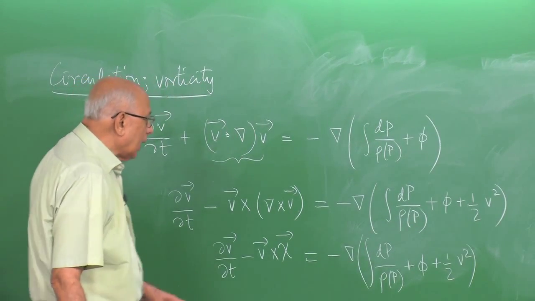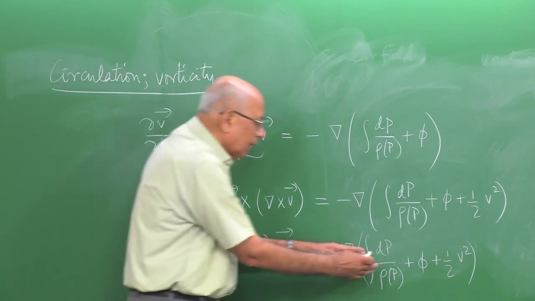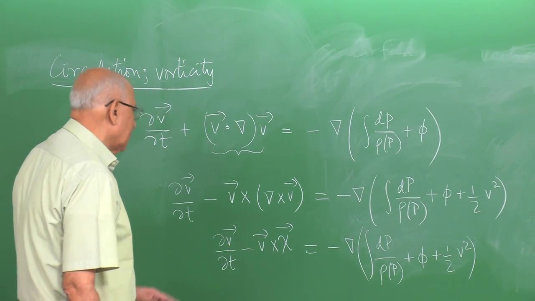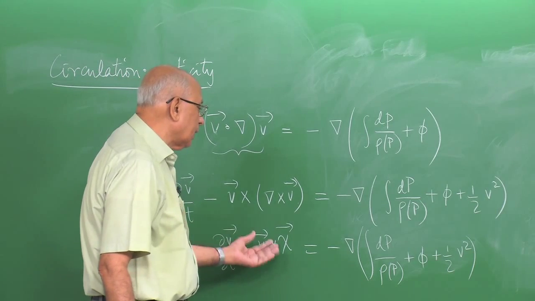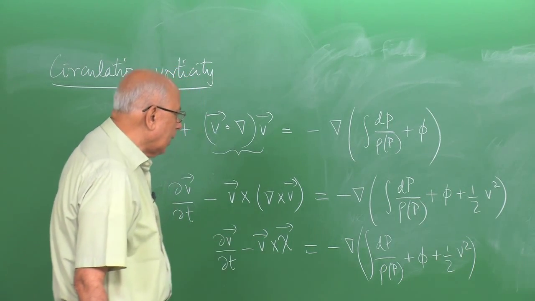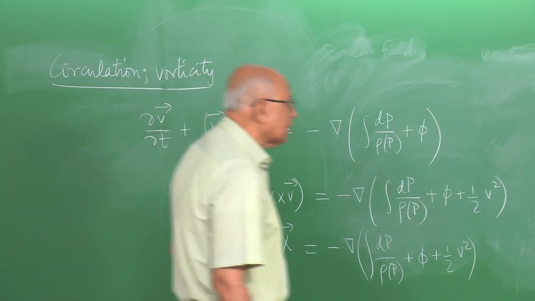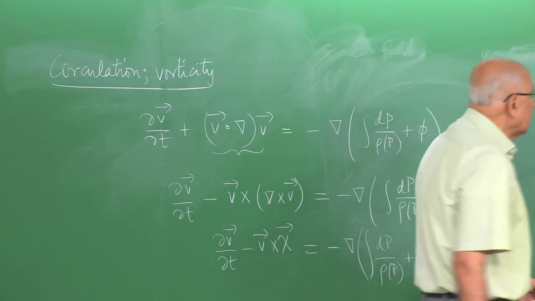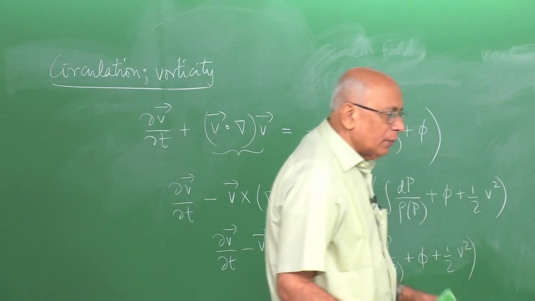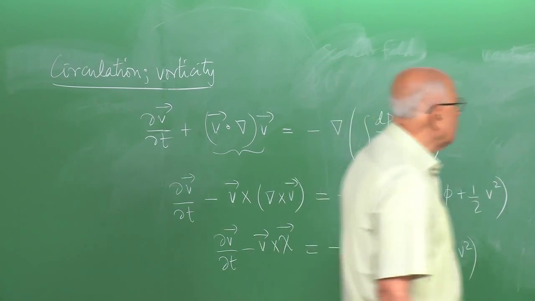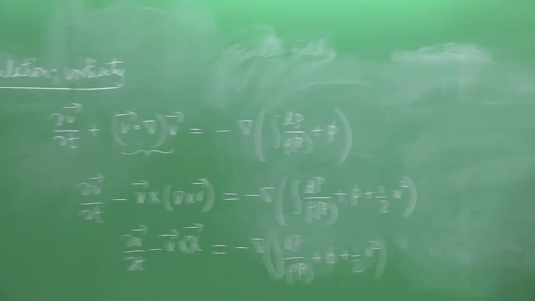Now before I say what happens to this quantity in general when you have fluid flow which has got vorticity of this kind, let me also point out another remarkable statement, which is the following. We need to geometrically interpret this vorticity here, and the simplest way of doing this is as follows.